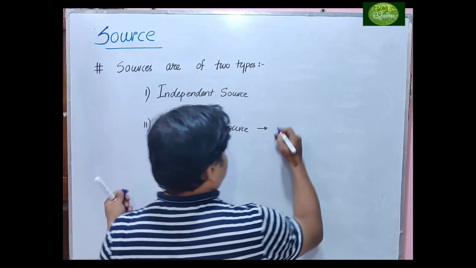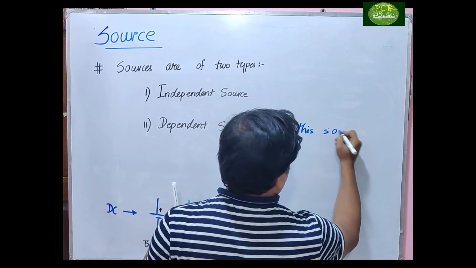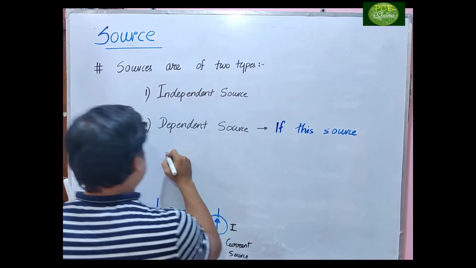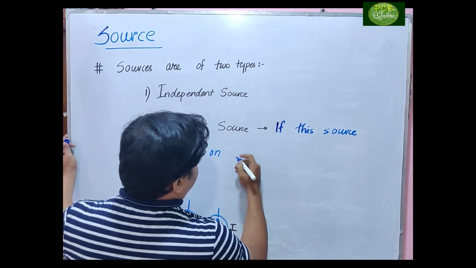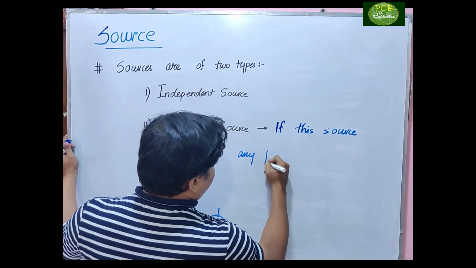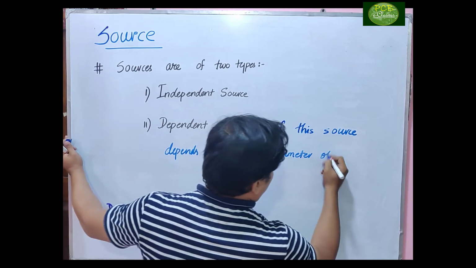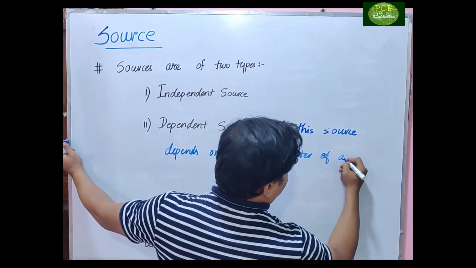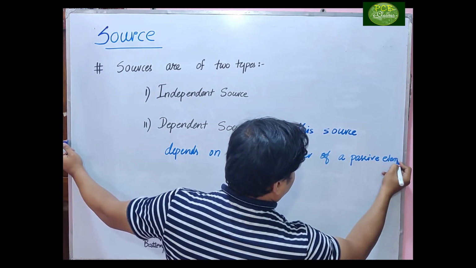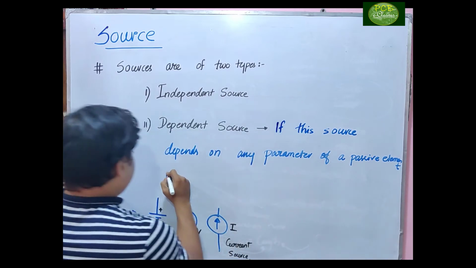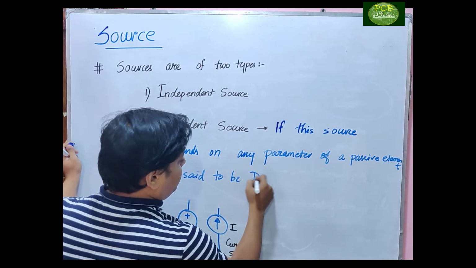So if this source depends on any parameter of a passive element, it is said to be dependent source.